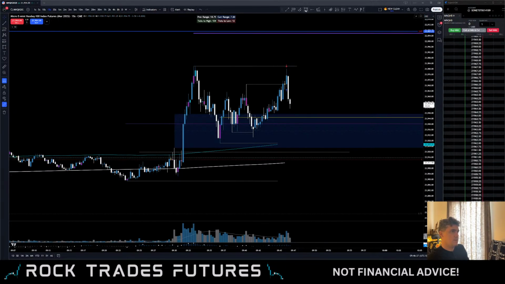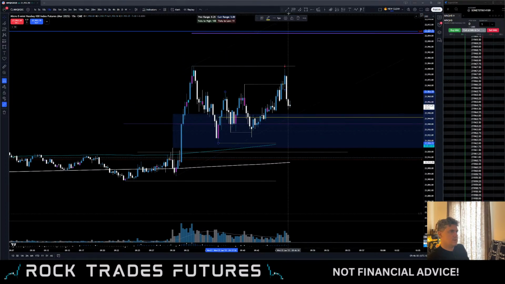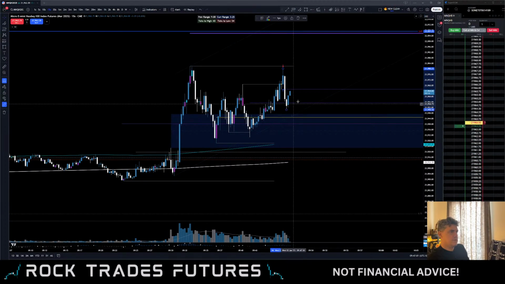Let's keep it moving here. Reset. Let's see, initial imbalance. Let's get 50% of this swing. Pretty strong pushback from this top.